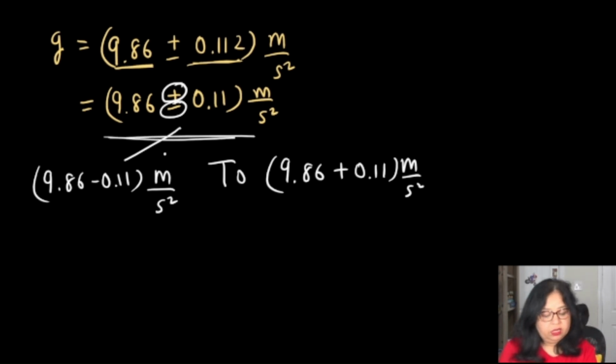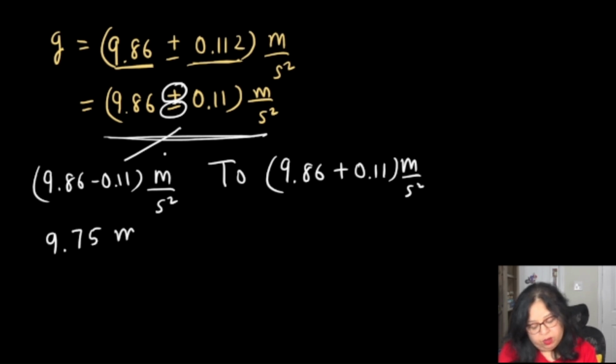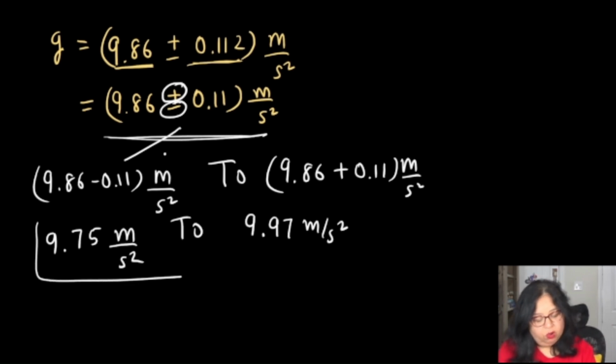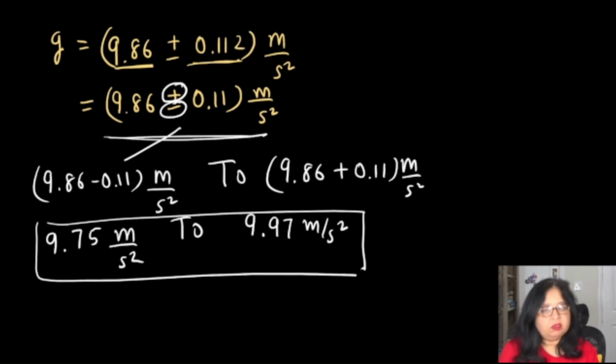So it really is a range: 9.75 meters per second square to 9.97 meters per second square. Our value lies somewhere in this range. What it is exactly, we don't know for sure.